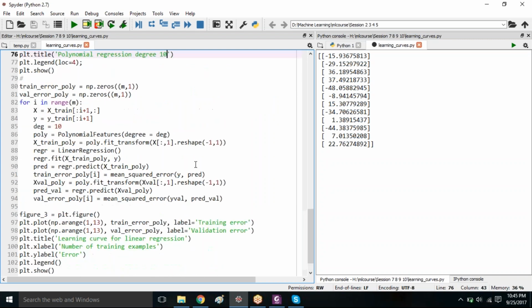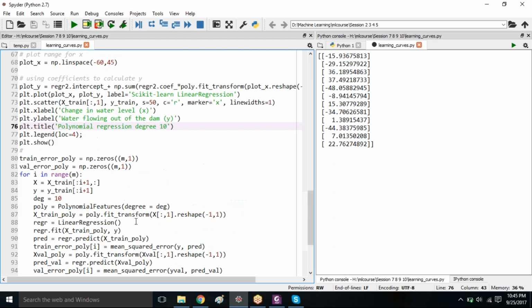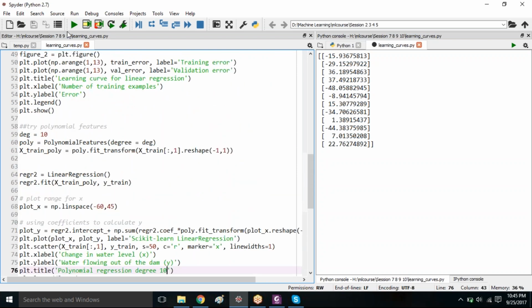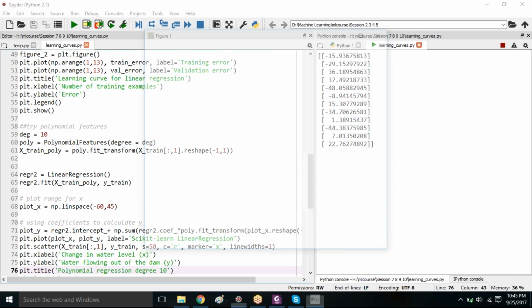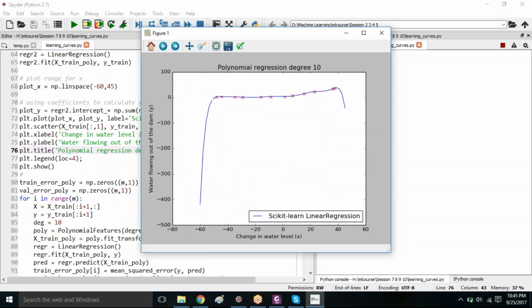But in this case, whatever open source data I have tried, the number of data points is small. That's why it is not truly showing that nature.